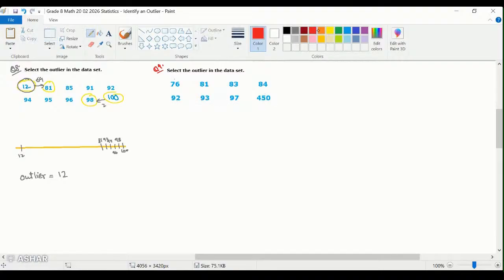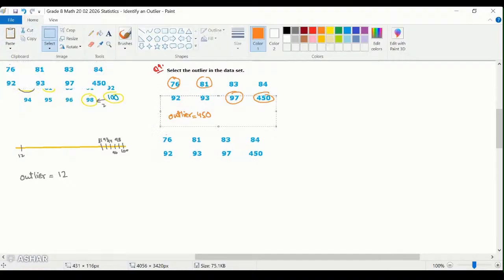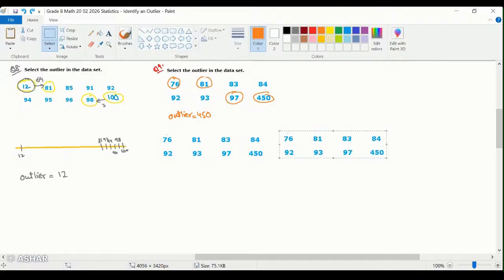So between these four numbers, we look at the difference and we say that the outlier was 450. Agreed? Let's do the same question once with the outlier, and once we'll replace the outlier with a different value.